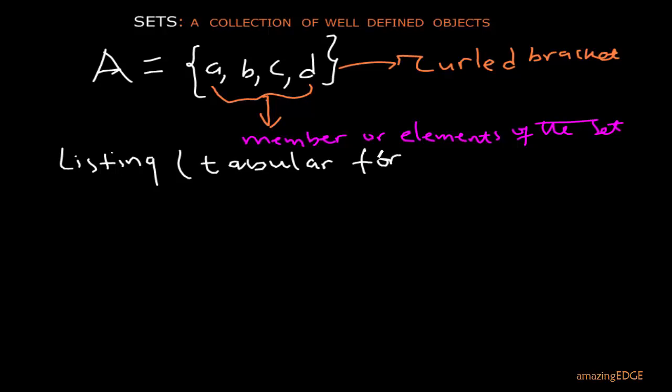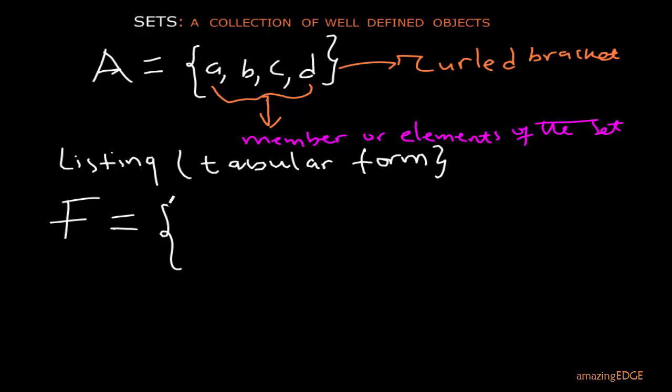We can give an example. F can represent the set of a family, so a family can be a set. I use my curly bracket again. If I want to give out all the members of this set, I list them, using a listing method or tabular form to describe that set.